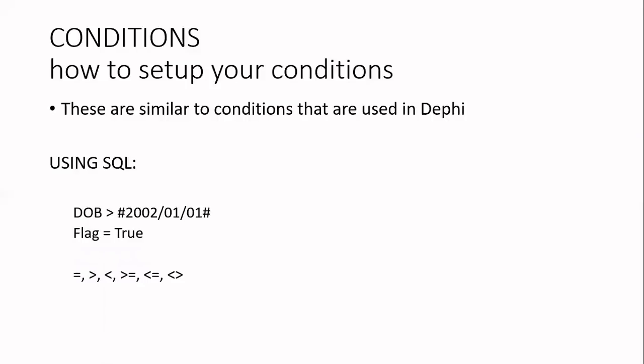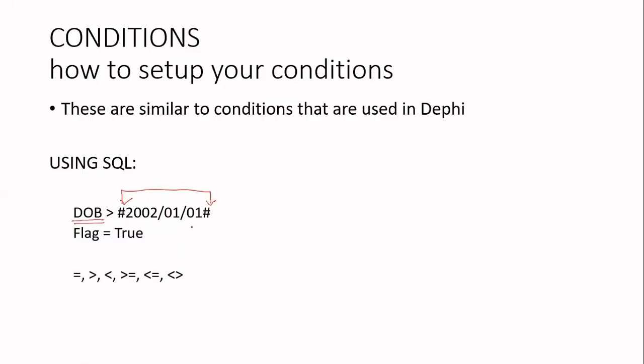Let's look at how we work with dates. If you recall from the previous video, we had a table called tblActors, and one of the fields was date of birth. So if you have a field that's of type date, you have to ensure that the date is enclosed between hashes.